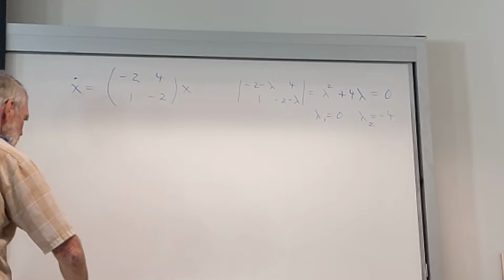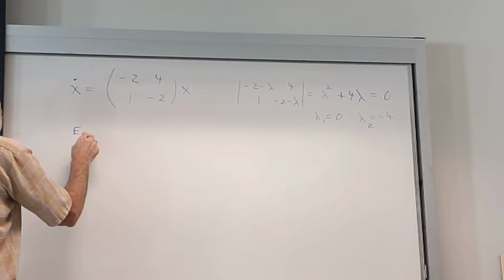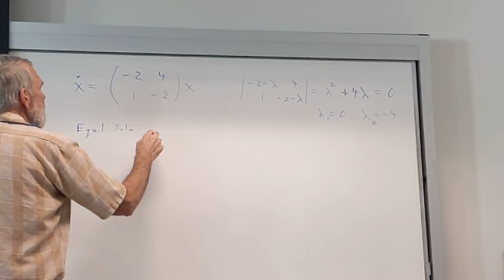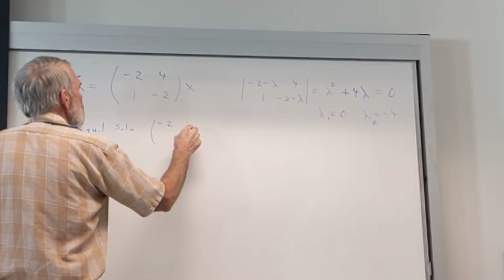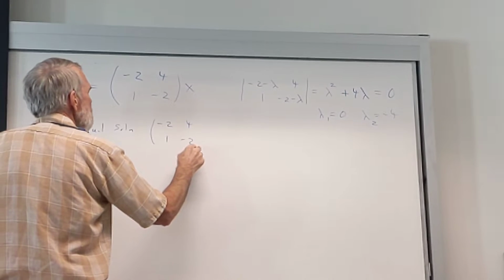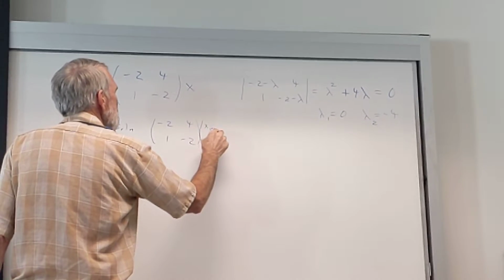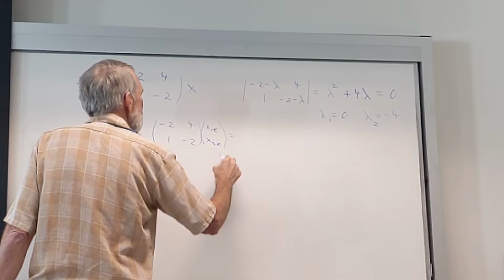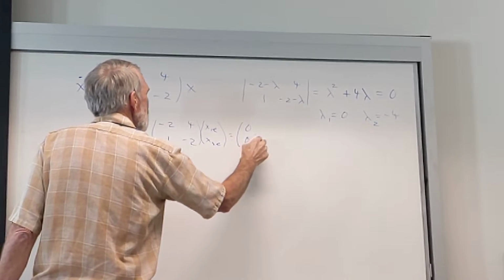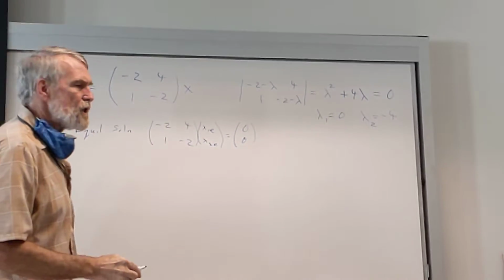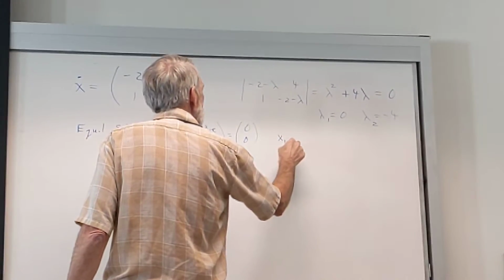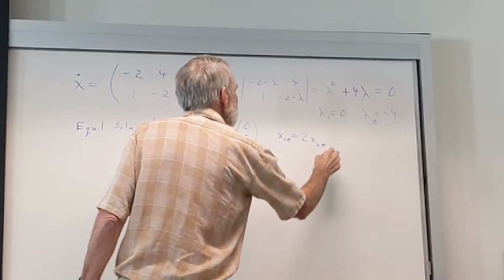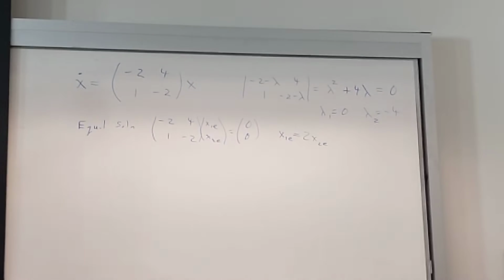If I were to do the equilibrium solution, we're solving minus 2, 4, 1, minus 2, times x1 equilibrium, x2 equilibrium, equaling 0, 0. Then isn't that solution just x1 equilibrium is equal to 2 x2 equilibrium?